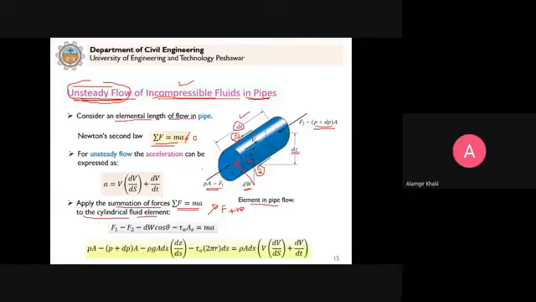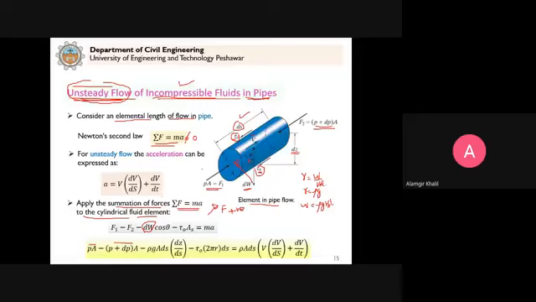Now we put the values for these forces. So F1 is equal to PA, F2 is P plus dP into A, and this dW is the weight. So you already studied that specific weight is equal to weight by volume. Now from here, this gamma can be written as rho into g. So W can be written as rho into g into volume.